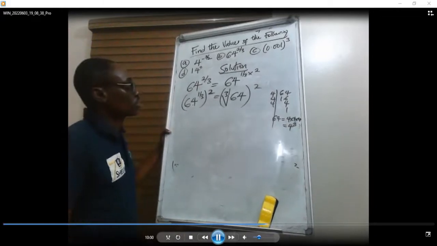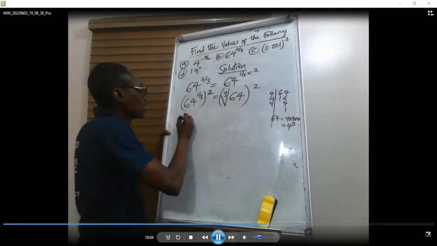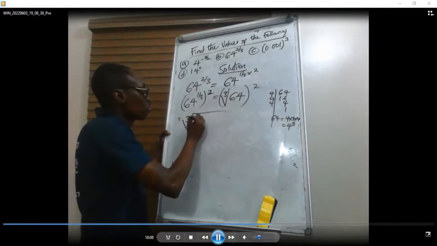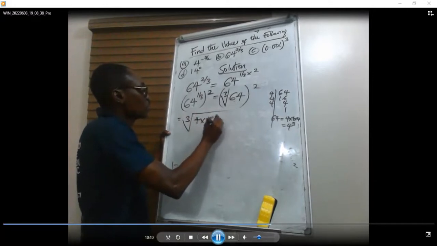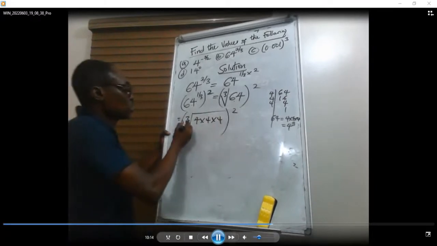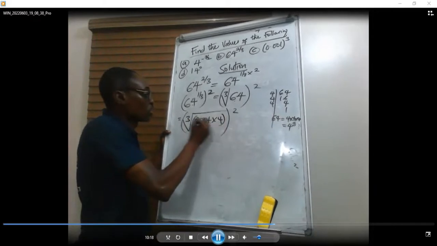So over here, in place of 64 you have 4 times 4 times 4, all in brackets raised to power 2. The cube root of 64 is actually 4. Just pick one of the 4s. 1, 2, 3.